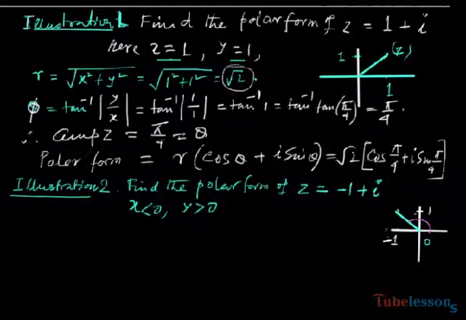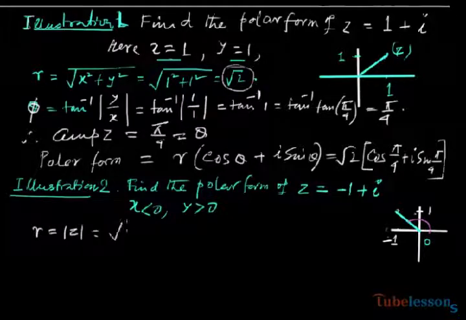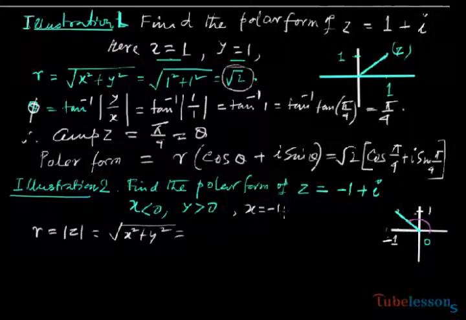So first we'll find r is equal to mod z, which is root over x square plus y square. The value of x is here minus 1 and y is 1.